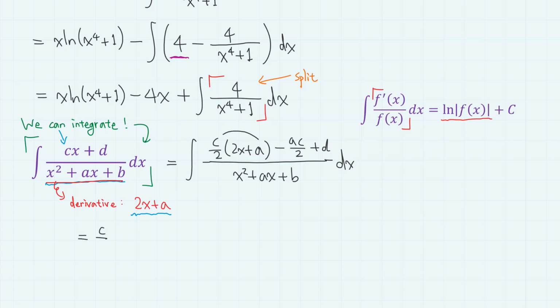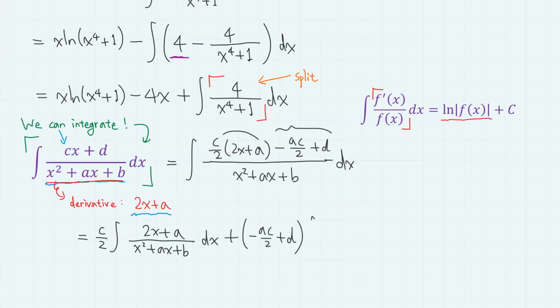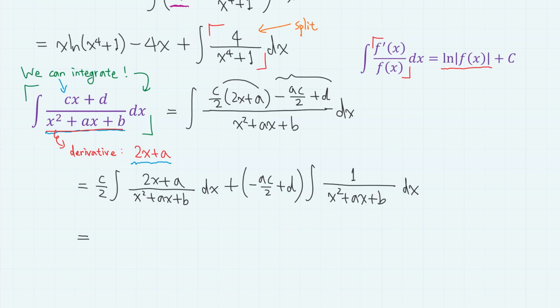So we can write c over 2 times the integral of (2x + a) divided by (x^2 + ax + b) dx, and this constant, minus ac over 2 plus d, times the integral of just 1 divided by x^2 + ax + b. Here, the first part is c over 2 times ln of the absolute value of x^2 + ax + b.